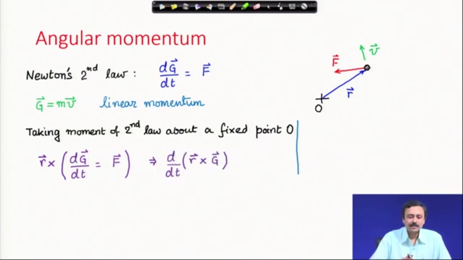Let us see what this is, d dt of r cross g. If you do this cross product, this is the time derivative of a product.